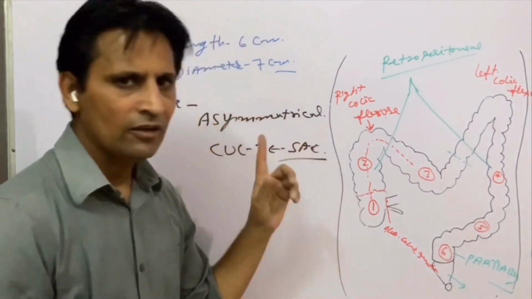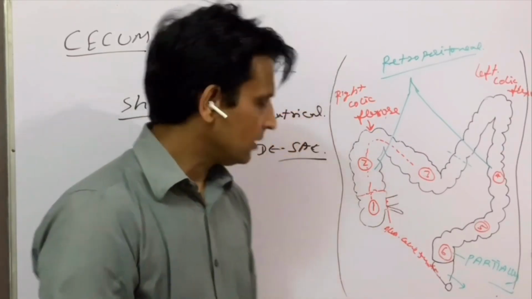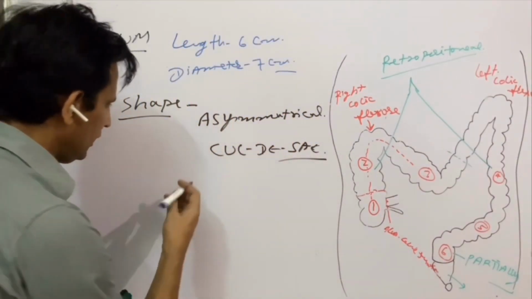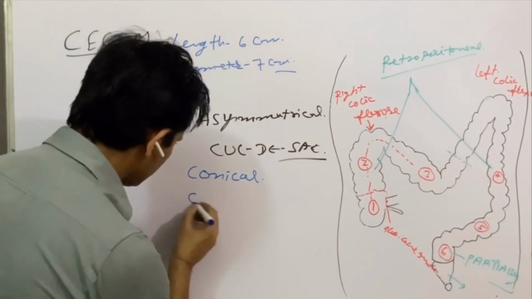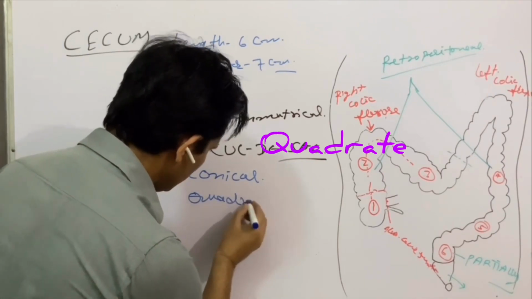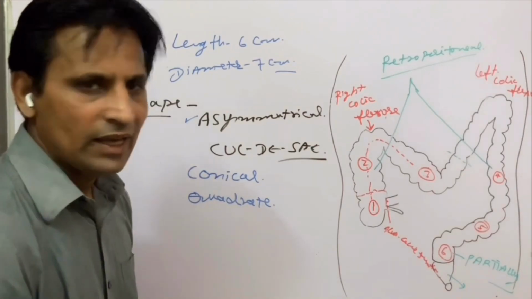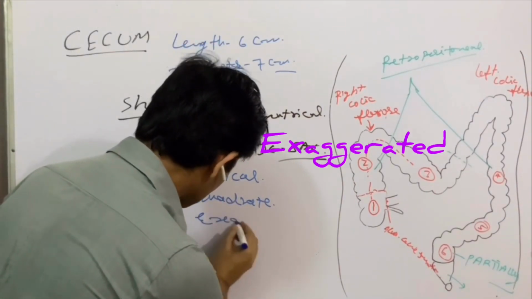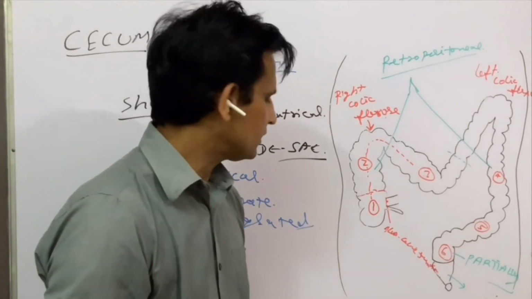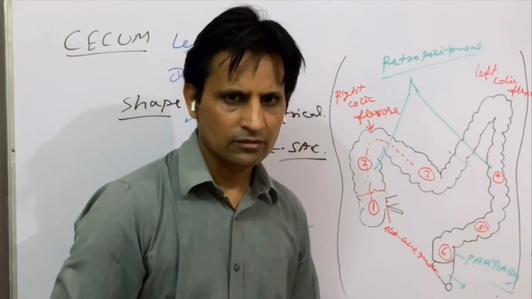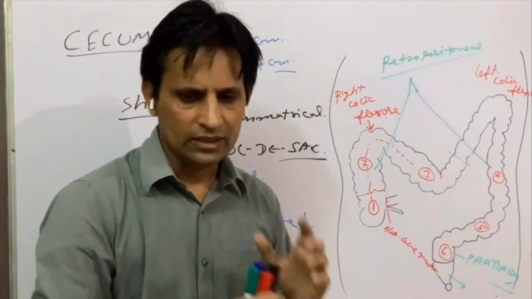The shape of the blind pouch actually varies. It may be conical, it may be quadrate, it may be asymmetrical, or it may be exaggerated. What is the meaning of exaggerated? It means its extension towards the right side, right? So the shape of the cecum actually varies.